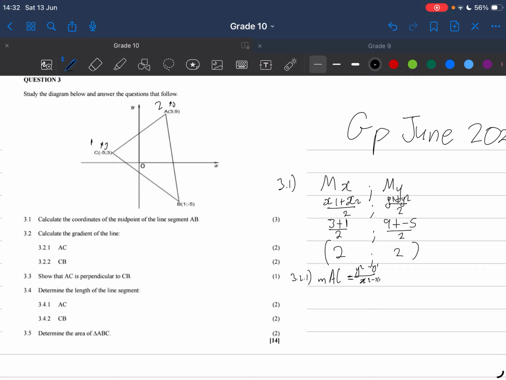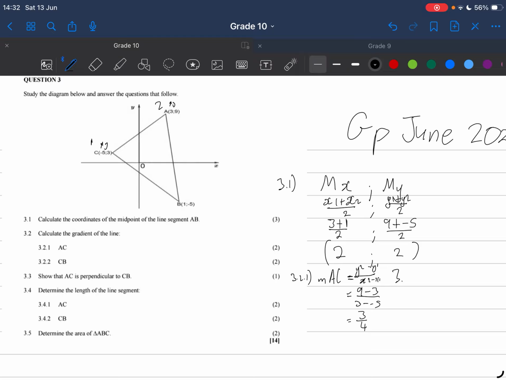So my y2 value is going to be 9 minus my y1 value of 3 over my x2 value of 3 minus my x1 value of -5. So that becomes 6 over 8. So just check it on your calculator. Yeah, so 6 over 8, which is 3 over 4.